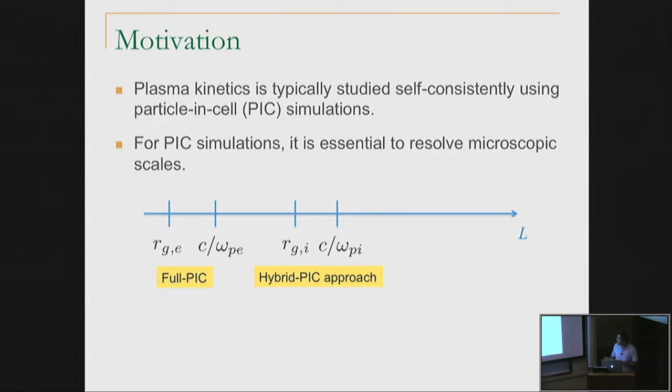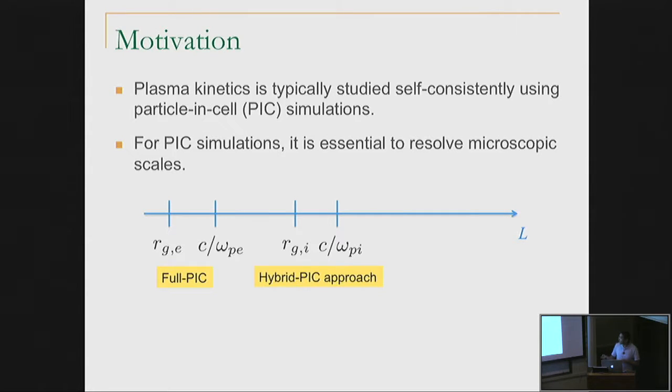In the case of a so-called full PIC code, where you treat both electrons and ions as particles, the scale you have to resolve is the so-called electron skin depth. When you do that, you resolve all the physics, such as plasma oscillations and propagation of light waves, which in general you are not interested in, but you have to resolve them anyway.